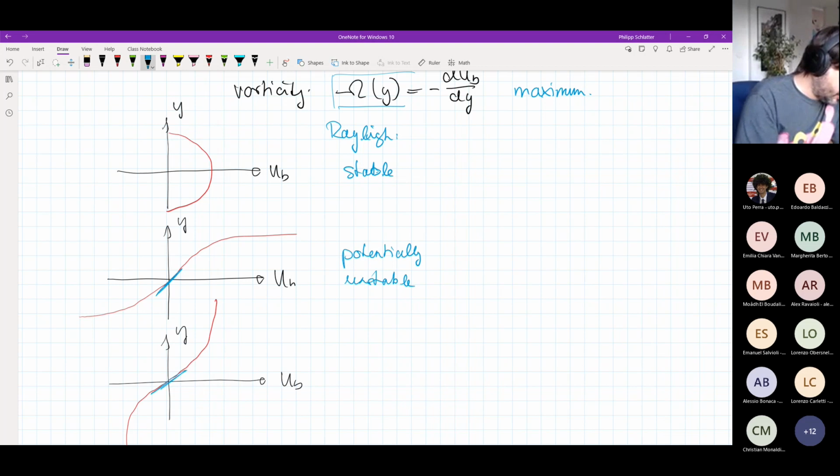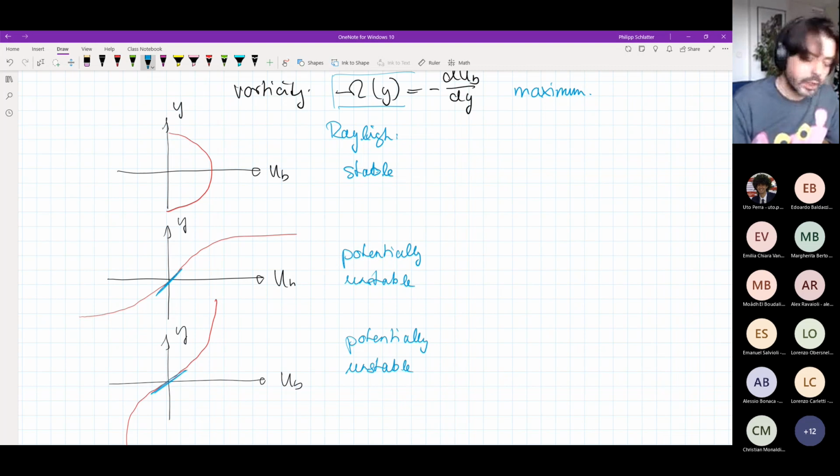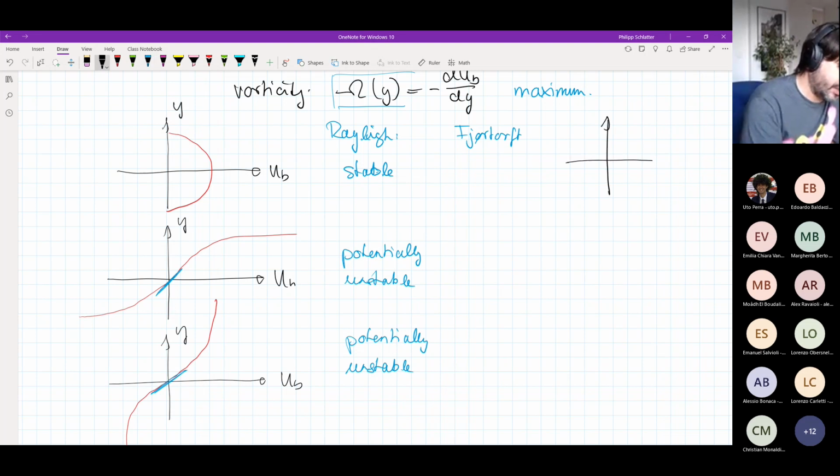And the third one also has an inflection point here, which is potentially unstable. Now, the question is, what does Fjørtoft say? Well, for this, we need to draw the vorticity and then check whether this is a maximum or not.